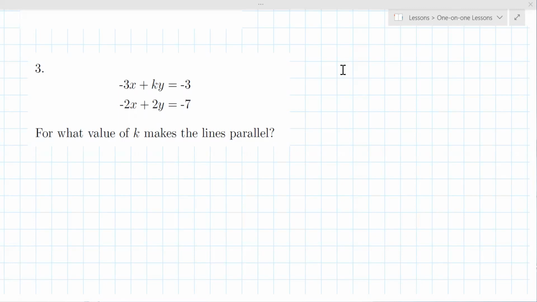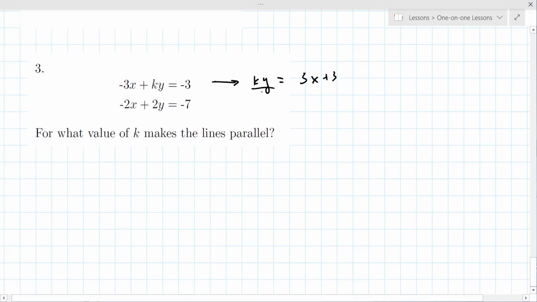Okay, so for the first equation, when you move the 3x over, this becomes ky equals 3x plus 3, and then you divide both sides by k. You're supposed to divide the 3 by k, but that doesn't really matter. So then it's y equals 3 over k x plus 3 over k.